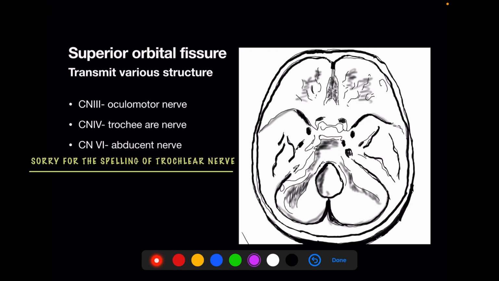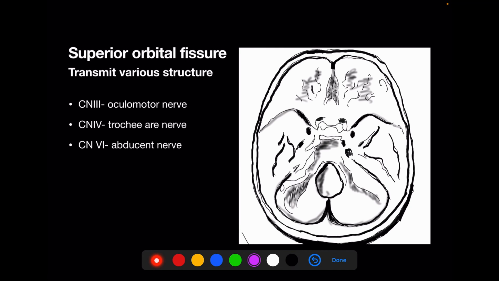Now the third one, that is superior orbital fissure. It is present here. It transmits various structures.